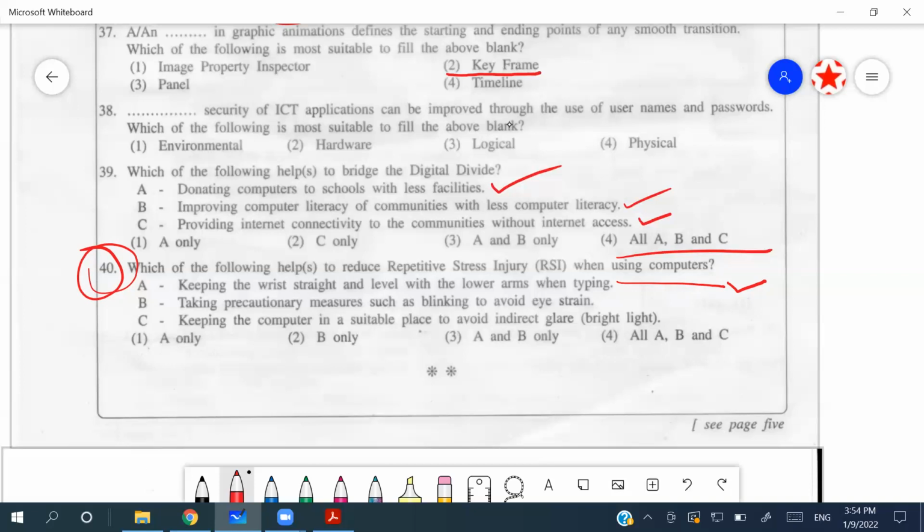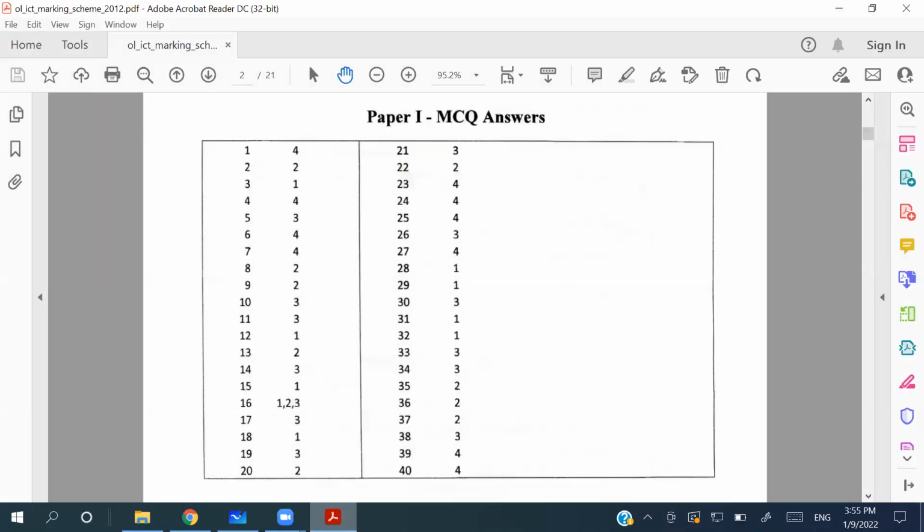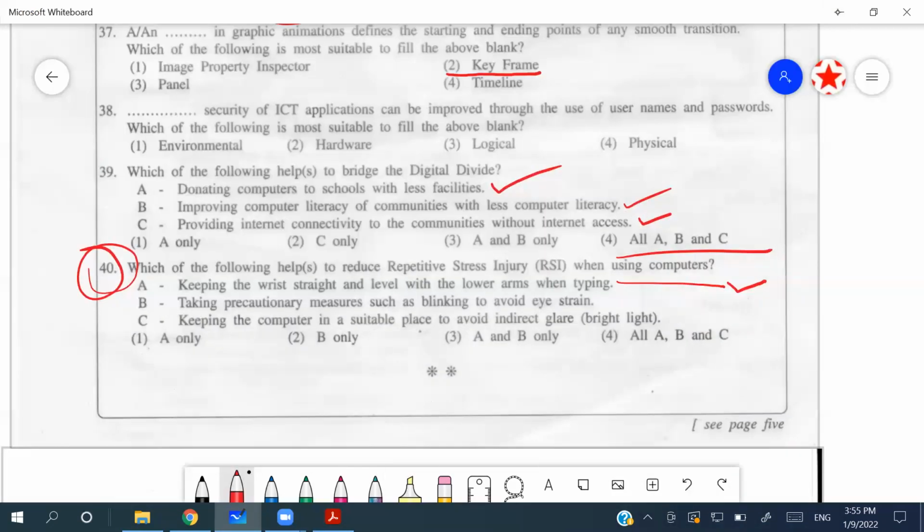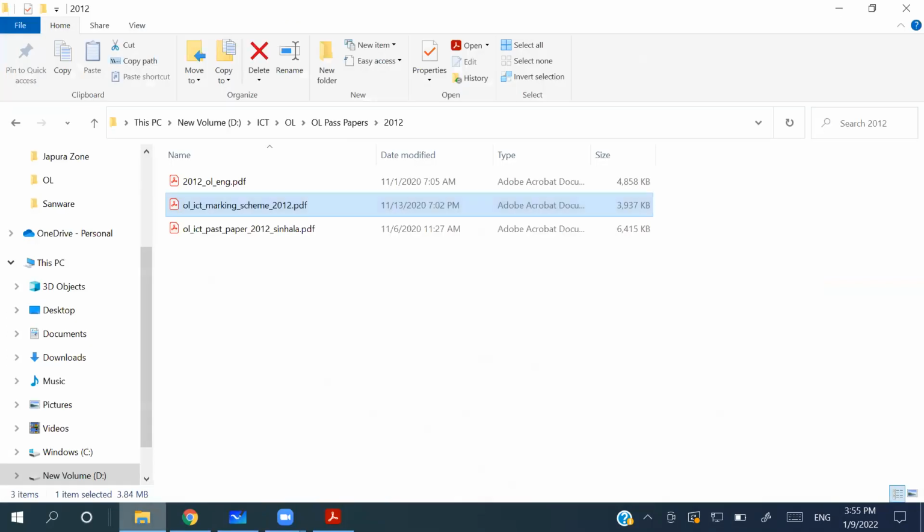Keeping the computer in a suitable place to avoid indirect glare and bright light, again doubtful. So in the marking scheme, they went with the fourth answer, A, B, C all, but I have marked that the first answer can also be taken as a suitable one, right?